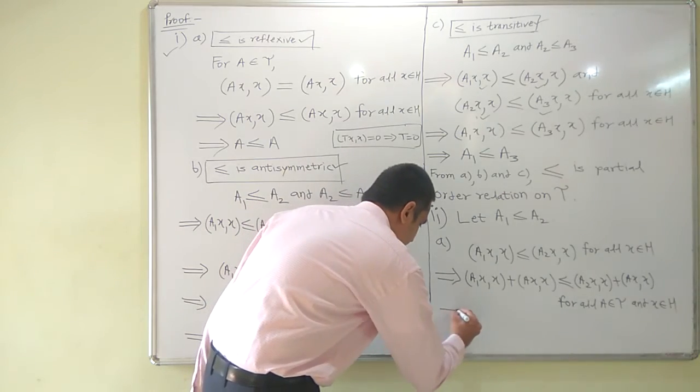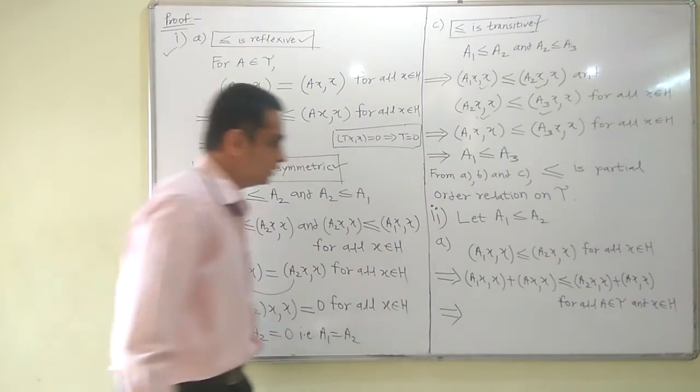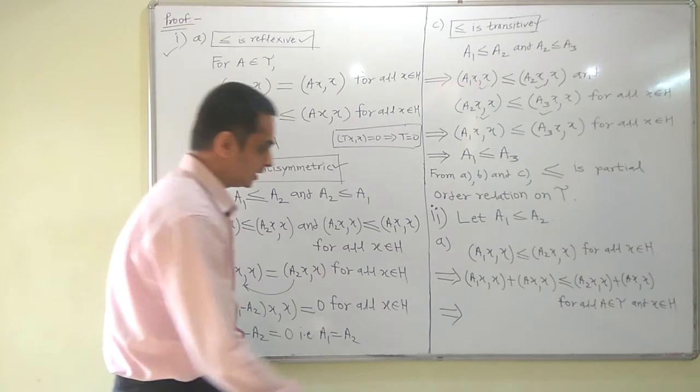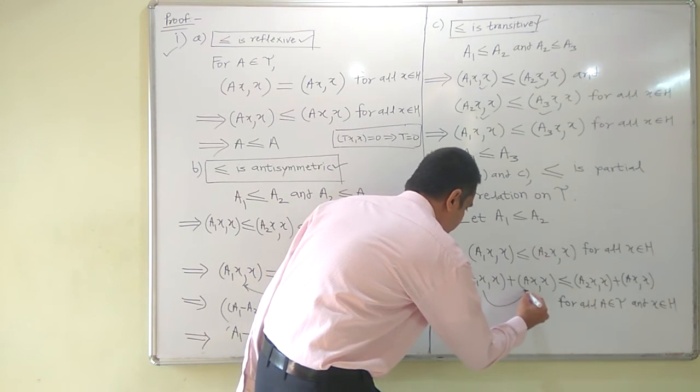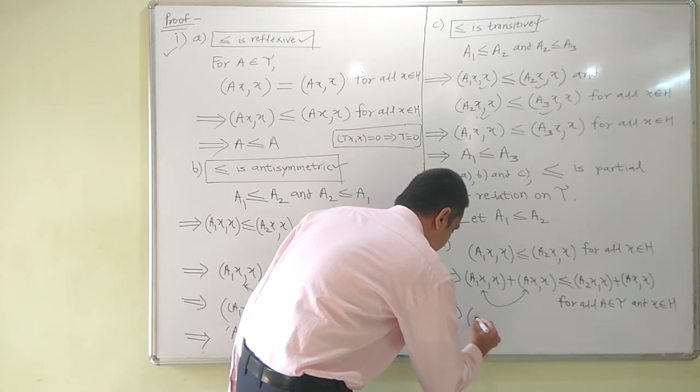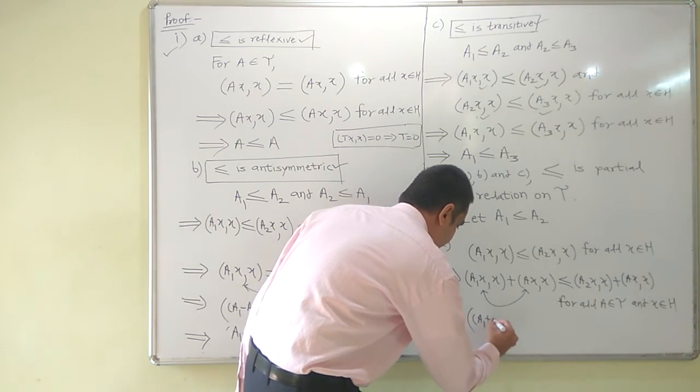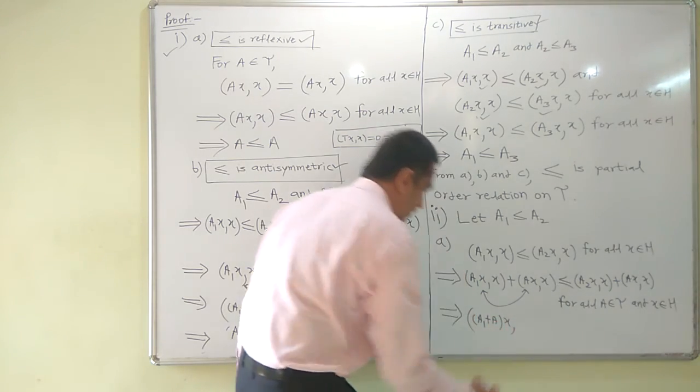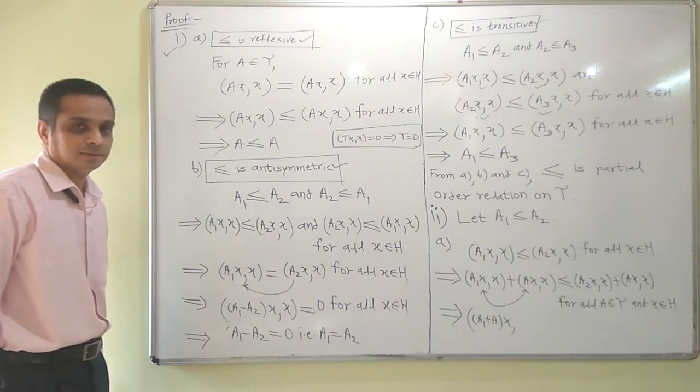So this implies, by properties of inner product, I could write this as the inner product of (A1 plus A)x and x. We are also using the definition of addition of two operators or functions.